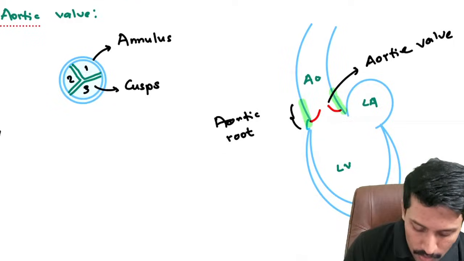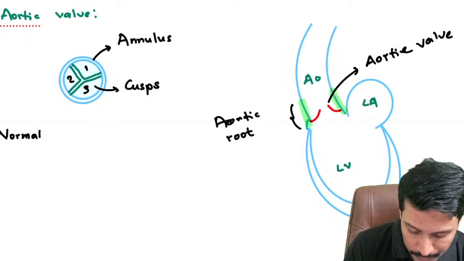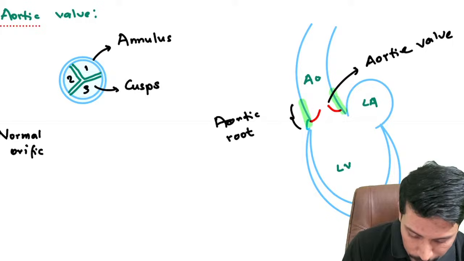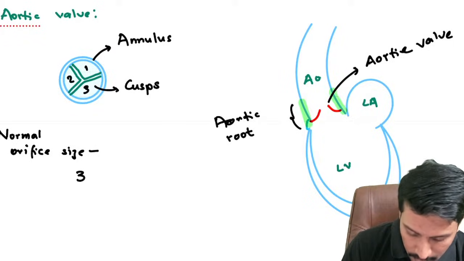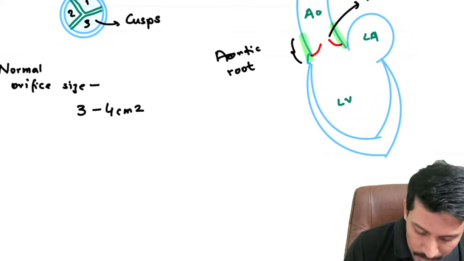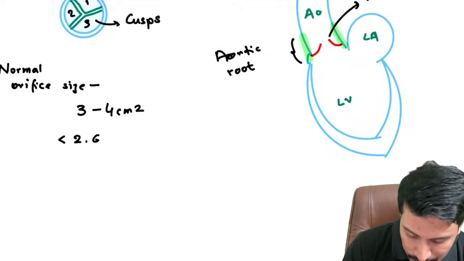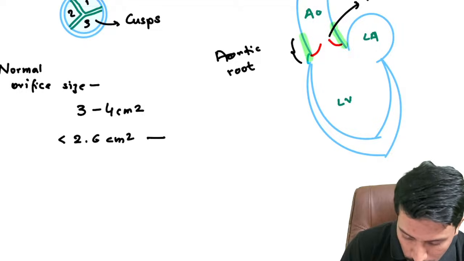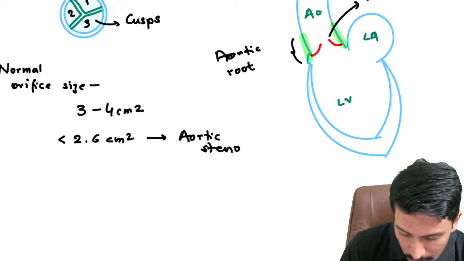Okay, and its normal orifice size when open. The normal orifice size is usually 3 to 4 centimeters squared, and whenever the opening is less than 2.6 centimeters squared, we will call it aortic stenosis.